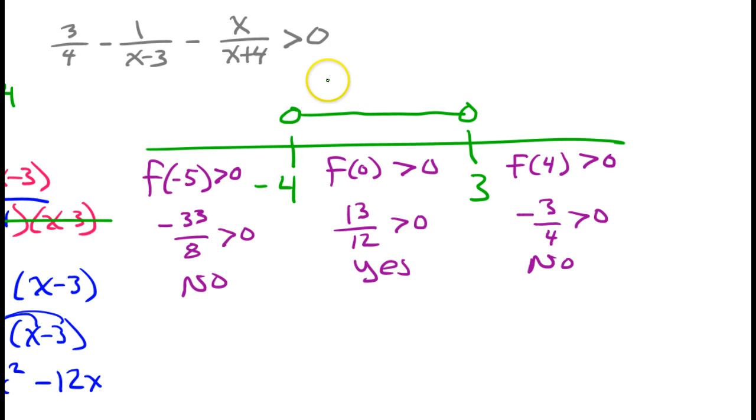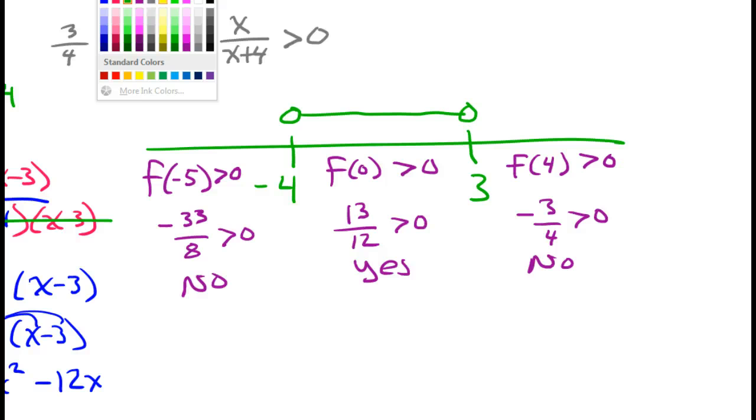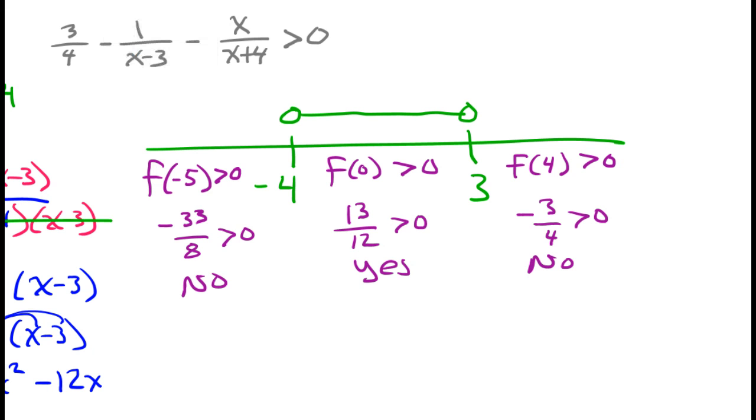Okay, so let's go ahead and show that in interval notation as well. And in interval notation, this is just going to be from -4 to 3. So I'll just put -4 comma 3. And then I'll use parentheses to represent the open circles.